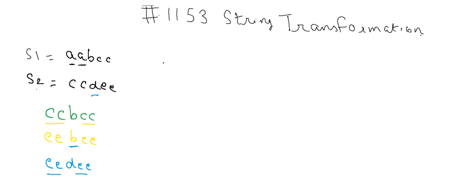Now let's see. If I replace this a with c, and if I replace this b with d, and then if I replace this c with e, so if I'm starting from left and doing the replacement like this, I replace a with c, then I replace c with e, and I replace b with d, can I do that transform?